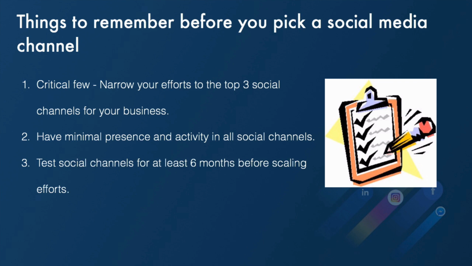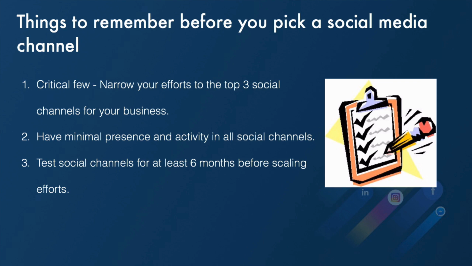And test social channels for at least 6 months before scaling efforts. So if you feel that of all the 7 social media channels, if I focus on Facebook, YouTube and LinkedIn, I will make a good amount of traffic and revenue, then you have to test these 3 channels for 6 months and then focus on what is working, what is not working, why it is not working.